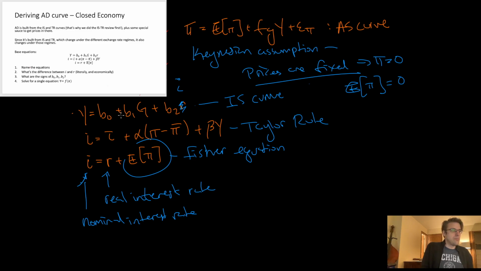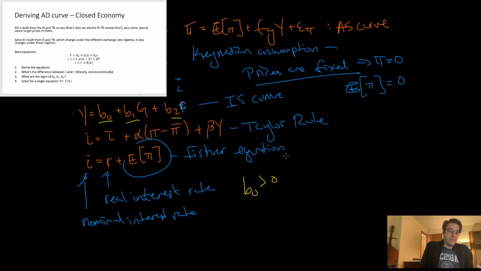But first we're asked about the signs of B0, B1, B2. So B1, as we noted, this is K. B0 is probably positive. It's probably a safe bet because Y is positive. Remember, B0 is built from all of the constants in the consumption demand equation, the investment demand equation. And so the base level of consumption has to be bigger than 0 because consumption has to be bigger than 0.